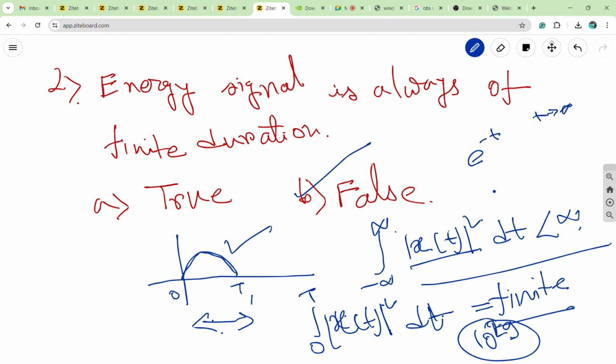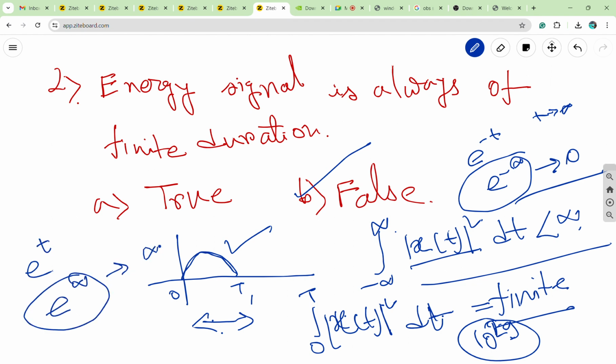If t becomes infinite, it becomes e to the power minus infinity, and this is zero, right? But if it was e to the power t, then e to the power infinity will be infinite. So this is not an energy signal if it is e to the power t. But if I take e to the power minus t, this becomes zero at t equal to infinity.